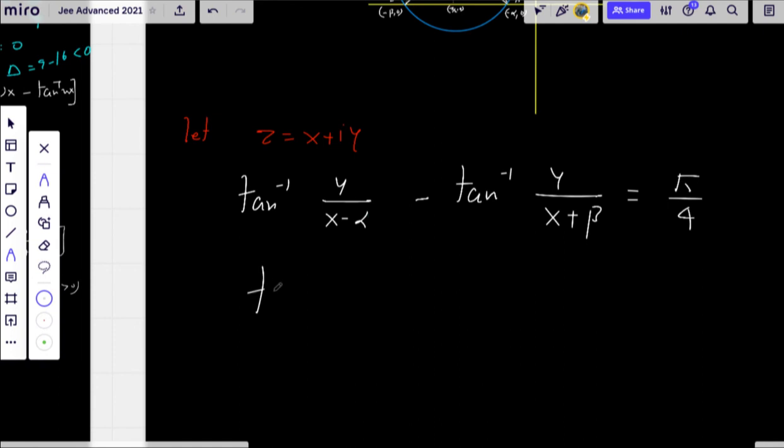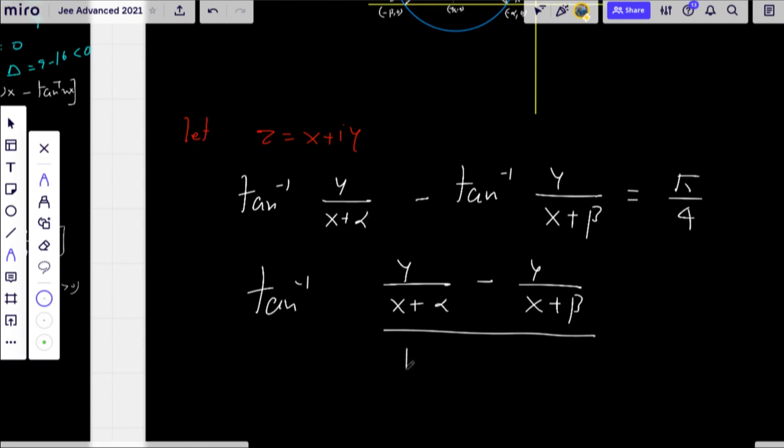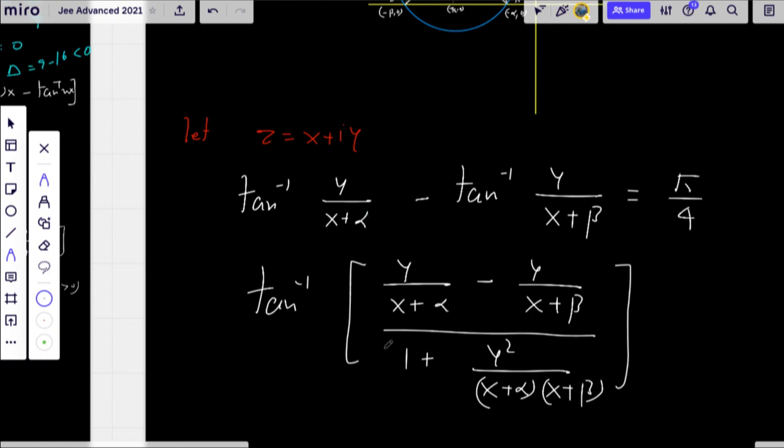Applying the formula, tan inverse of (y upon x plus alpha minus y upon x plus beta) upon (1 plus y square upon (x plus alpha) into (x plus beta)) is equal to pi by 4.